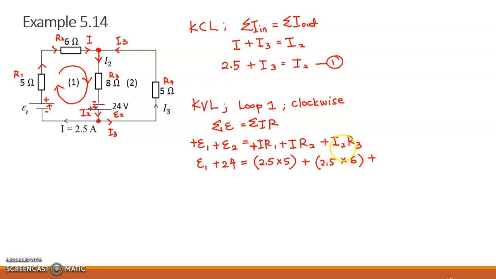I2 is unknown, meanwhile R3 is 8, so we can write this as 8I2. When we simplify the equation, we will get EMF 1 equal to 3.5 plus 8I2. This will be the second equation.